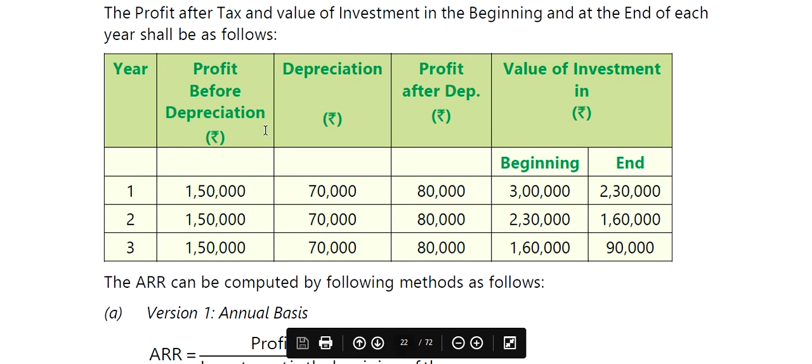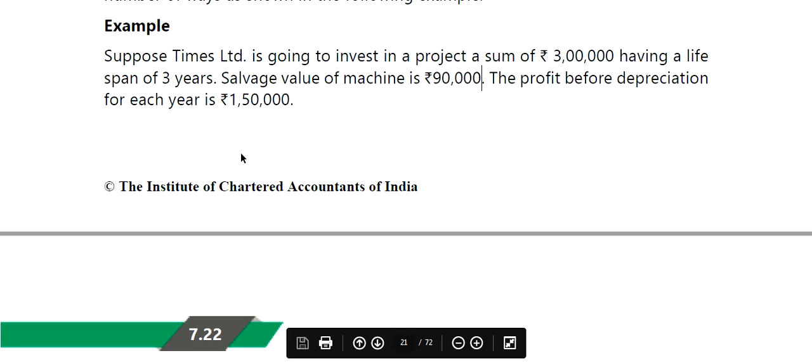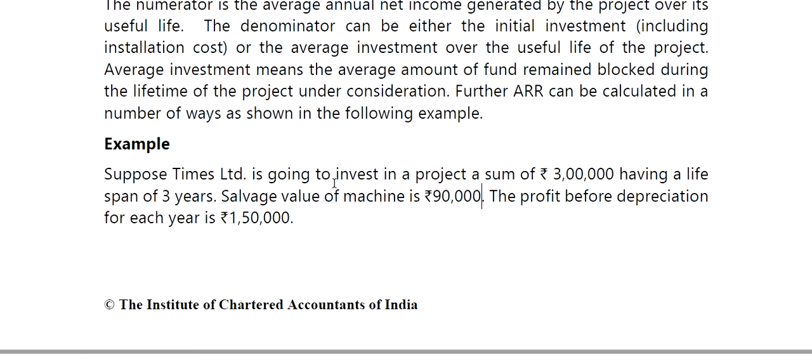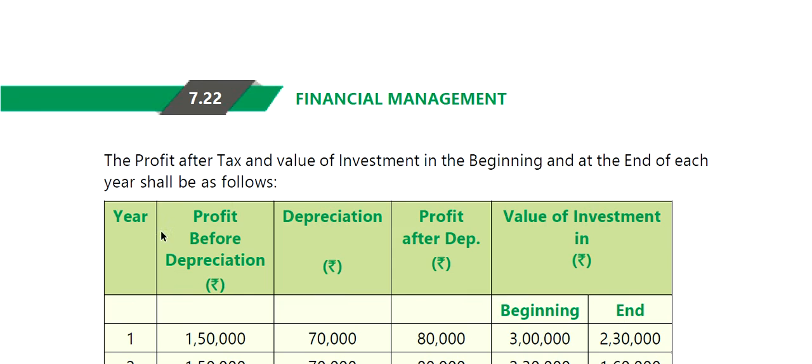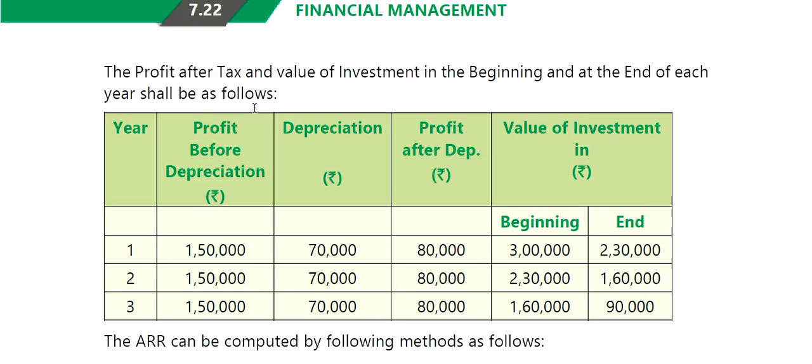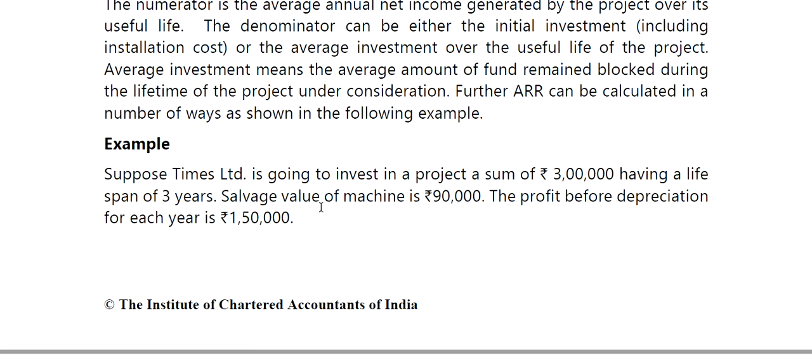We don't have the tax rate, so we will ignore it. Depreciation is 70,000. How? 3 lakh minus 90,000, divided by 3. Whatever the depreciation, we should deduct it, because this is profit before depreciation.